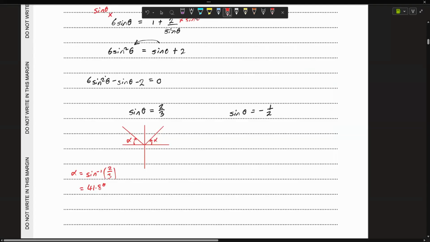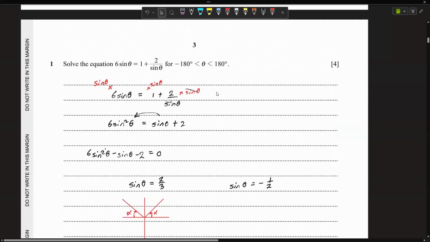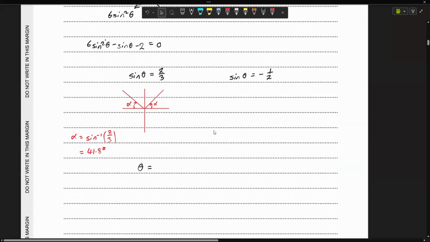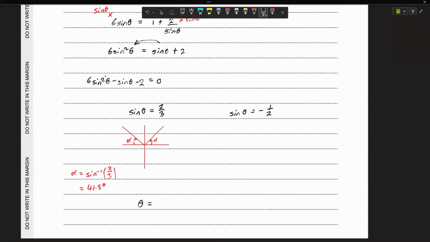For the value of theta within the range from -180 to 180 degrees, our first solution is 41.8 degrees.